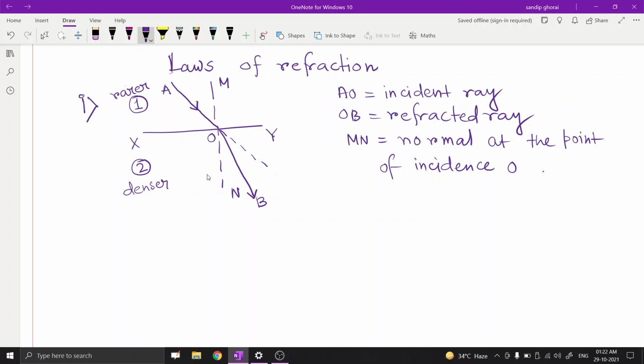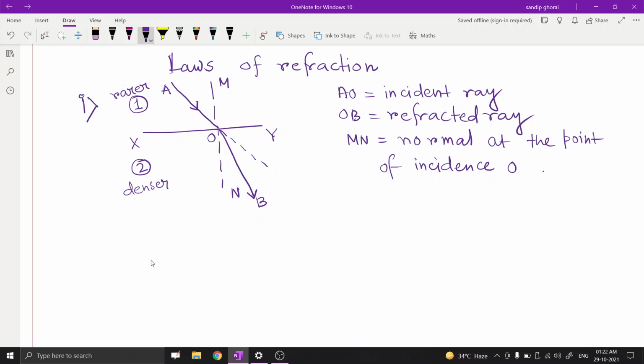Here the same plane means the plane of the paper in which we draw the image, or we can say in this figure the rays AO, OB and normal MN lie on the screen.